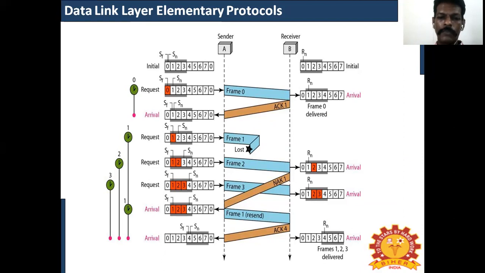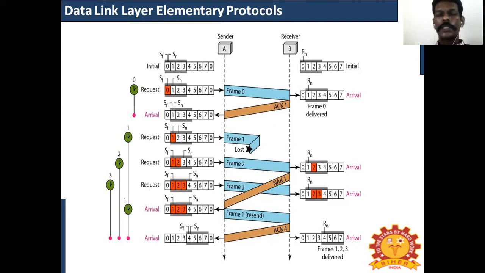It means no. It will send a negative acknowledgement. After that, again I send frame 1. After getting frame 1, it will send an acknowledgement for all the frames, that is acknowledgement 4.